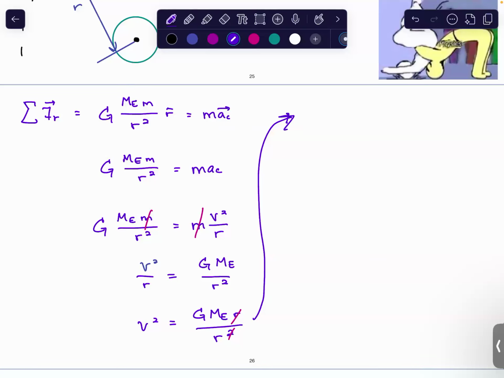So that's going to give us v squared equals mu over r. And so the velocity you need to stay in orbit is that.